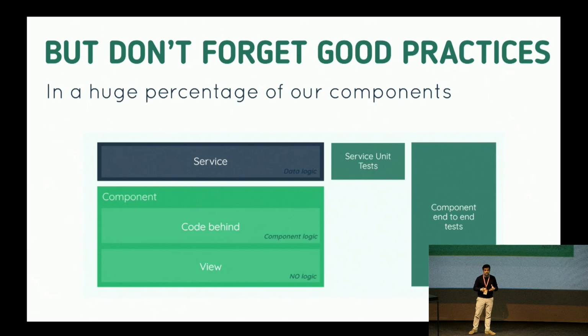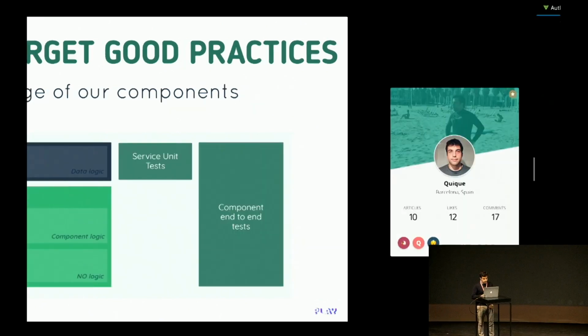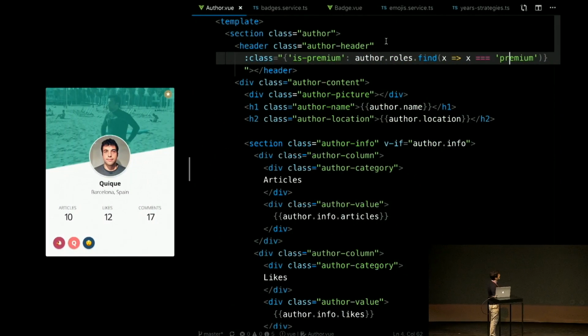I think testing is always not the easiest part of development, but let's see small pieces of code and how we manage that. I have here on my right an example: an author box, a component made with Vue. I hope you can read well.